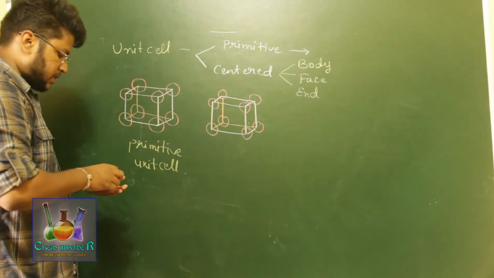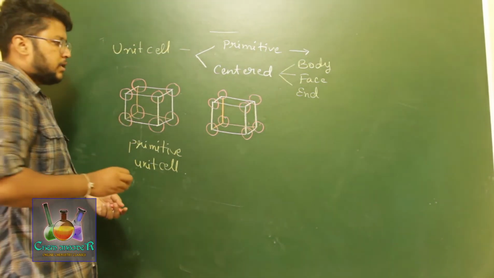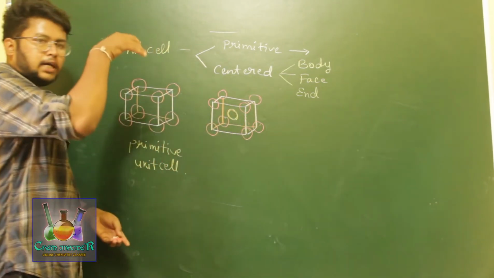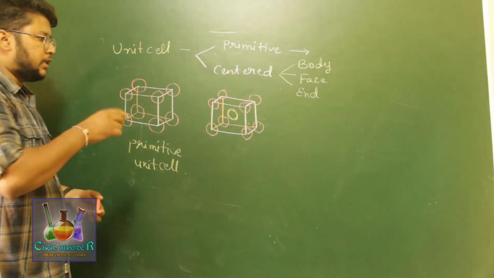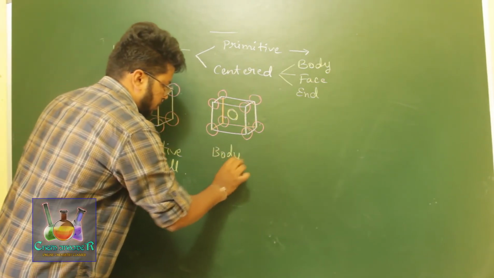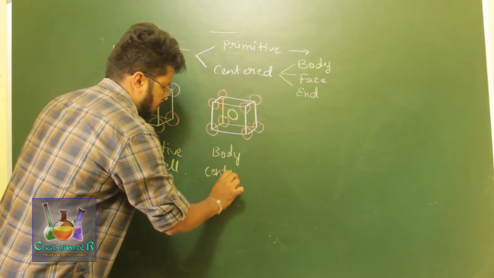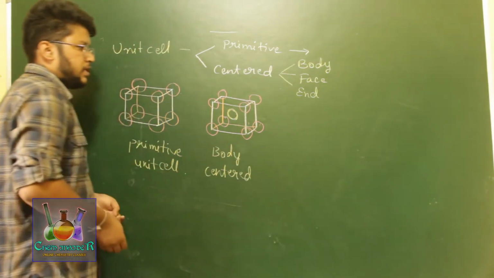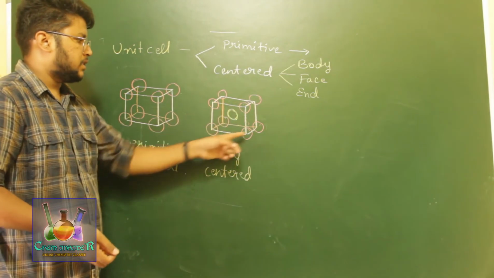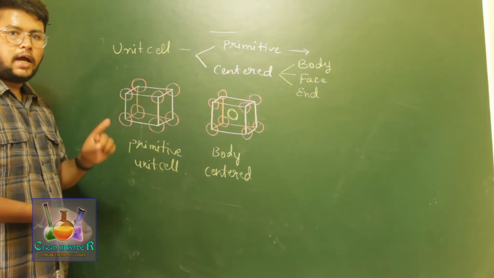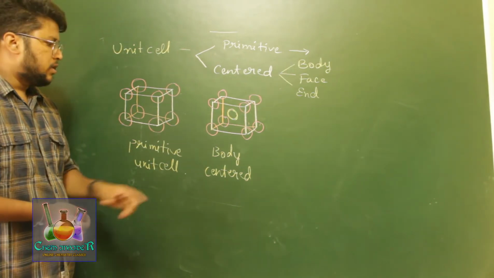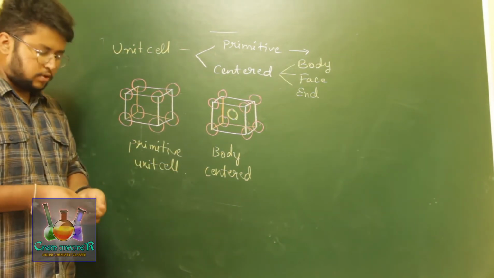Along with these 8 atoms there will be one more atom present exactly at the center of the cube, completely inside the cube. This type of unit cell is called a body centered unit cell.